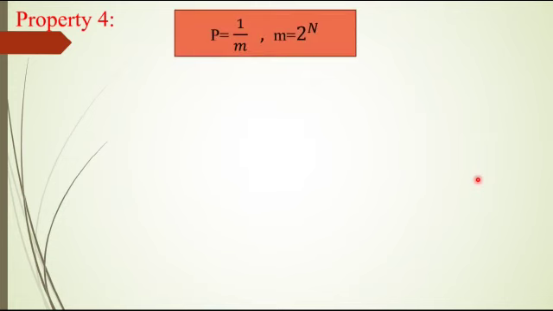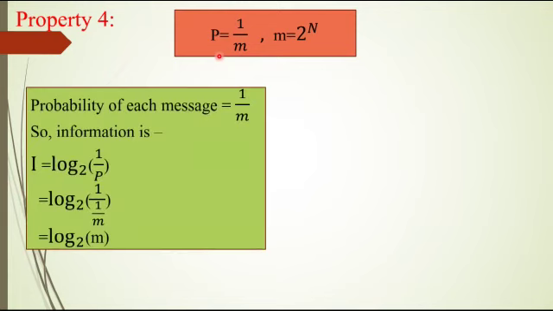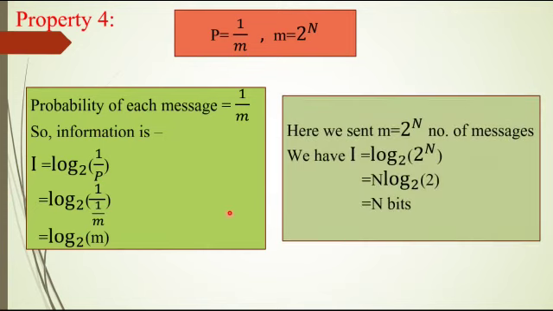The probability of each message is P equal to 1 by m. The same formula, I equal to log base 2 of 1 by P. Now P is 1 by m, so put this value and it will be log base 2 of m.